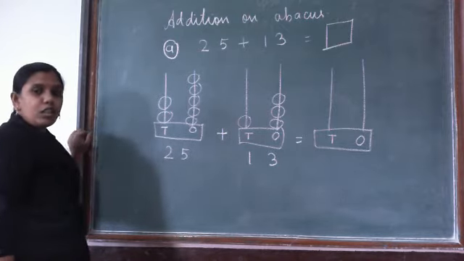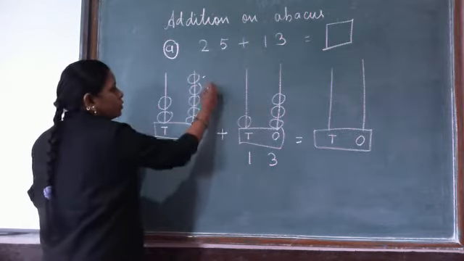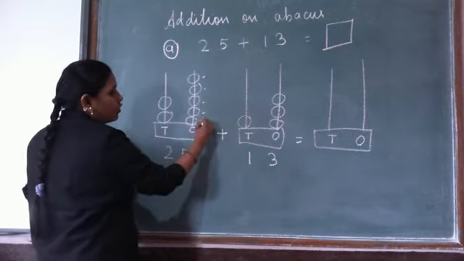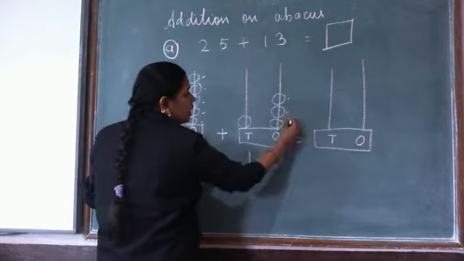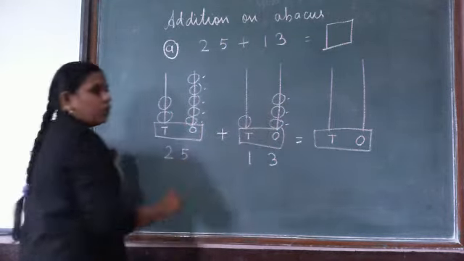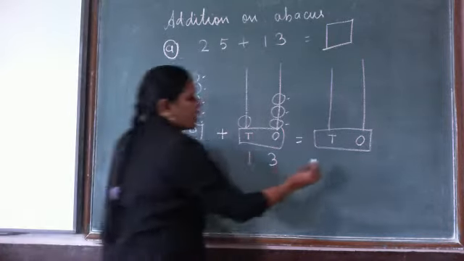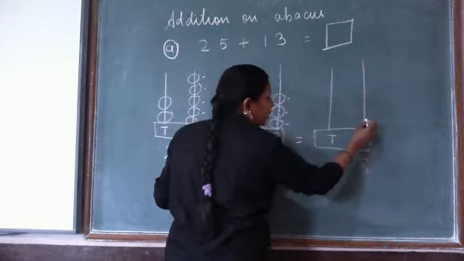So count all the beads at ones place: 1, 2, 3, 4, 5, 6, 7, 8. The number of beads at ones place in both is 8. So write here 8 and make 8 beads.